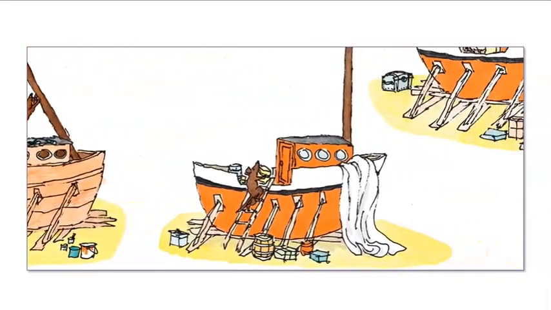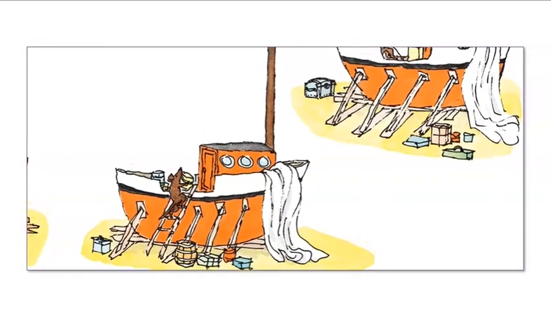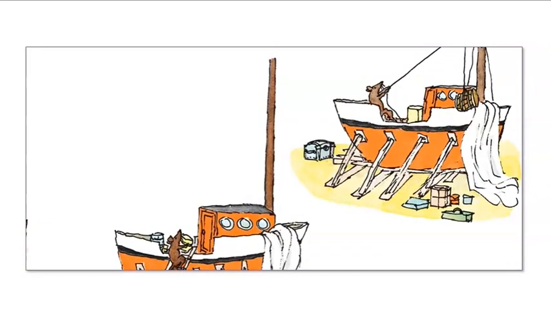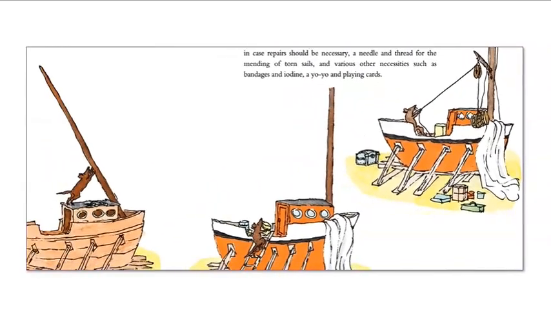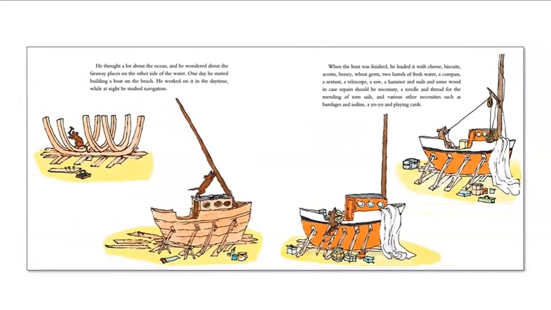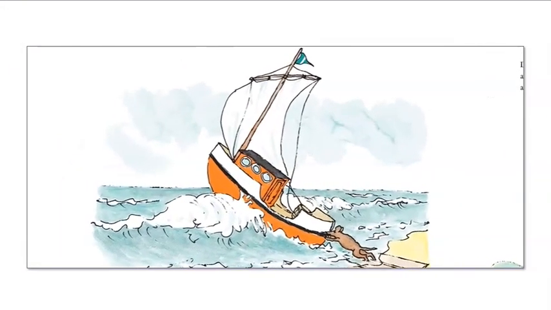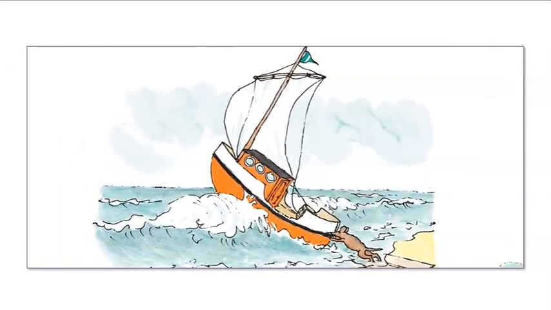When the boat was finished, he loaded it with cheese, biscuits, and various other necessities. On the 6th of September, he just managed to push the boat into the water, climb on board, and set sail.